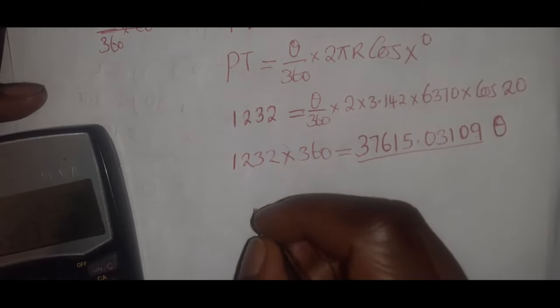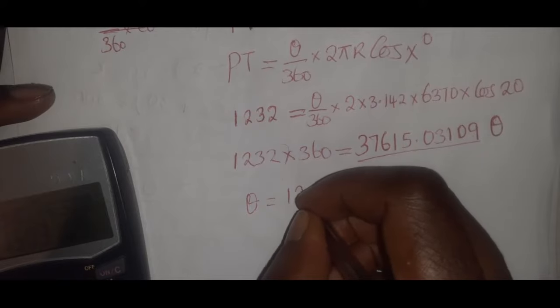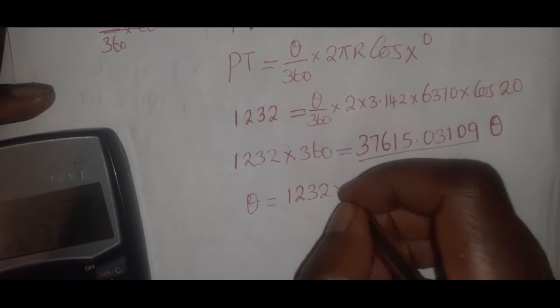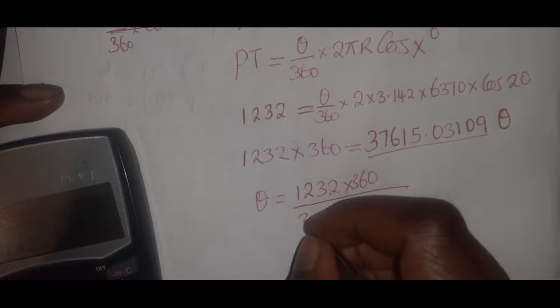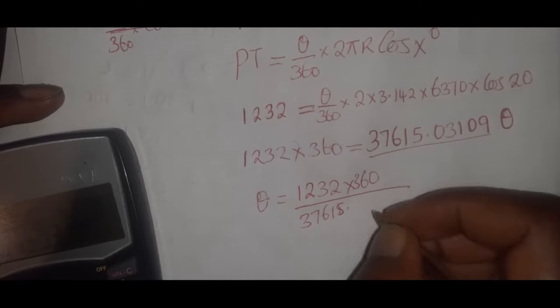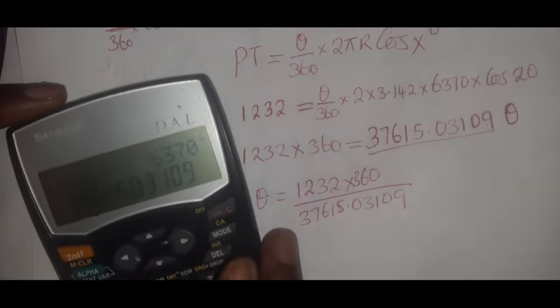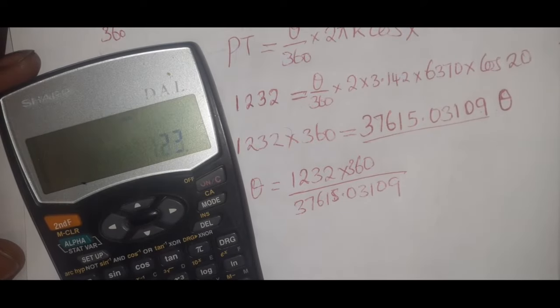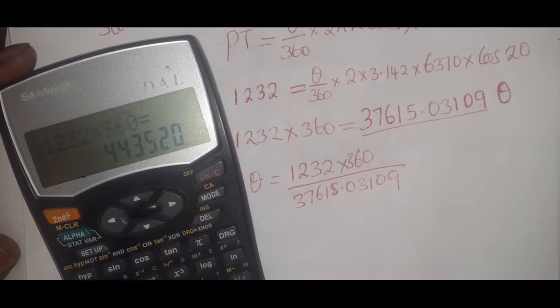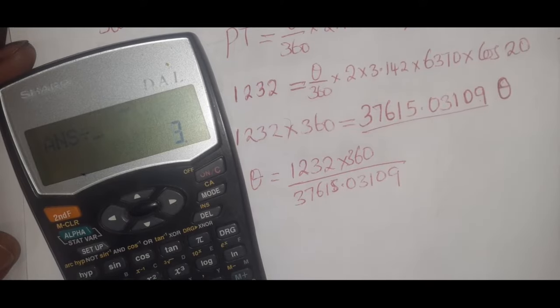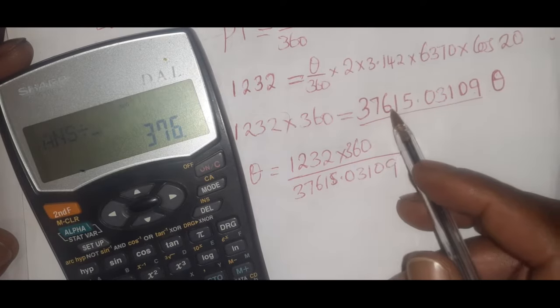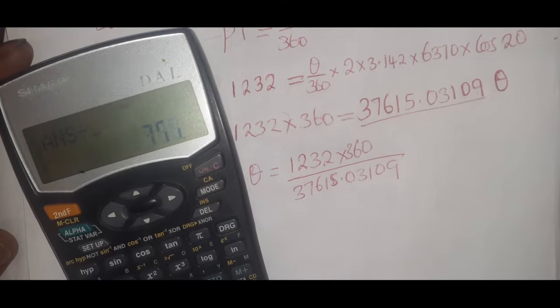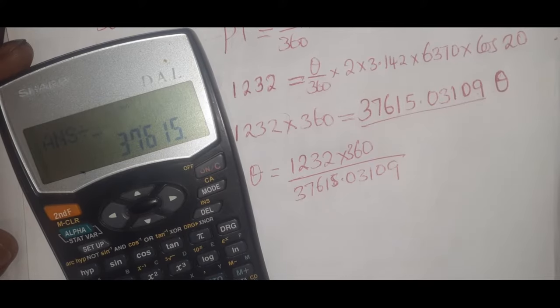So theta is equal to 1232 multiplied by 360, divided by what we have here, 37615.03109.